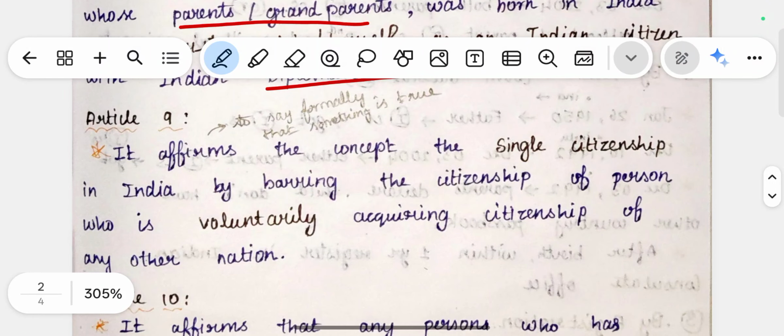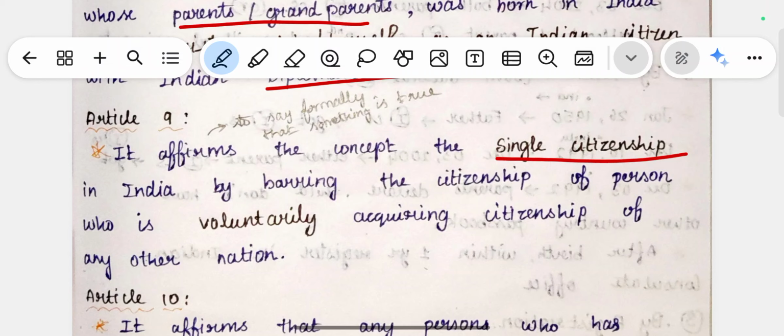Article 9 is all about the concept of single citizenship. A person who holds Indian citizenship should not have the citizenship of another country. If a person wants another country's citizenship, they have to give up their Indian citizenship.